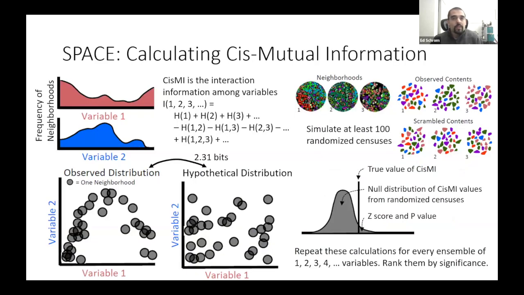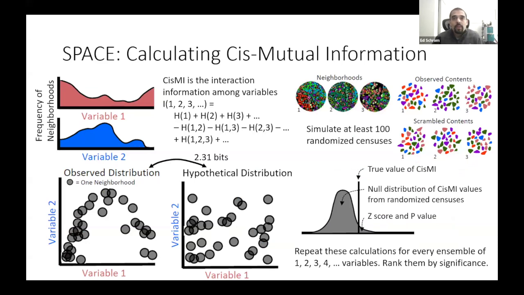Within a single specimen, the patterning formed by any specific combination of spatial variables is calculated with a metric that we call cis-mutual information, which is essentially the mutual or the interaction information for the variable's co-occurrence distribution.